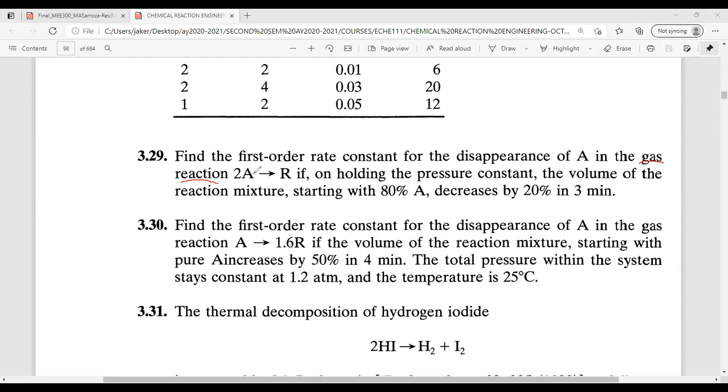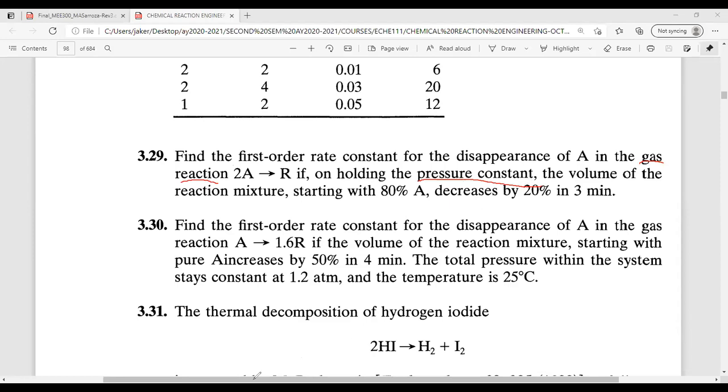And 2A forming R. If on holding the pressure constant, so another one here, pressure is constant. The volume of the reaction mixture starting with 80% A decreases by 20% in 3 minutes. So you have a gaseous reaction and constant pressure throughout the process, telling you that this is not a constant volume reaction. So this is varying volume, and there's a need for you to determine the fractional change in the volume, which is the epsilon A.